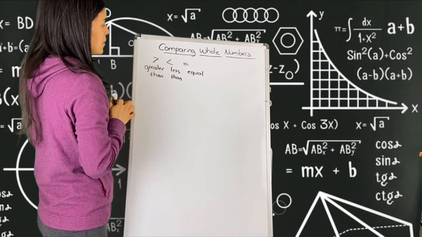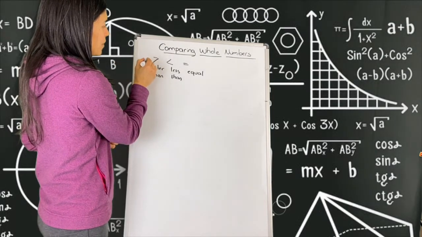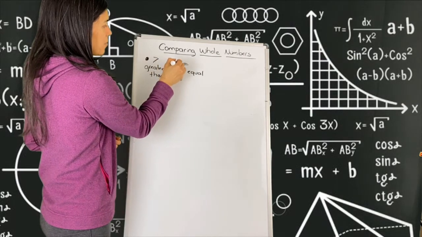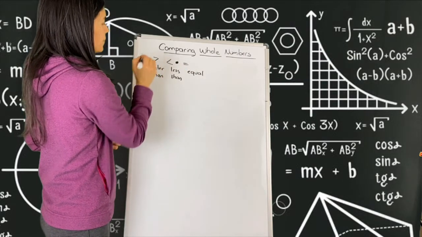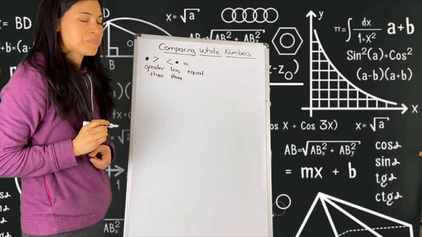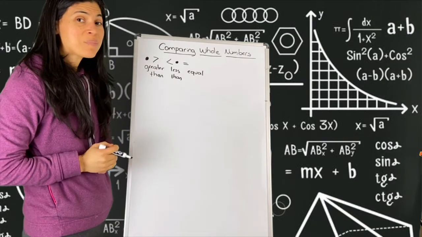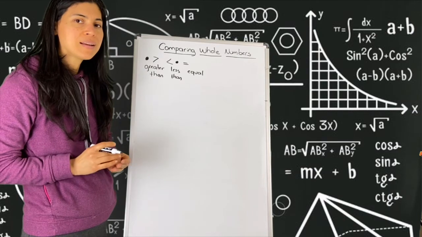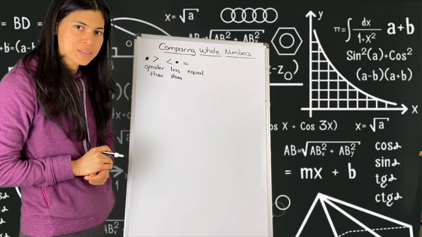So in this symbol, here will be the bigger. On this side will be the bigger. And over here, the bigger will be over here. And when we compare numbers, let's remember that we are comparing the place value of the numbers.